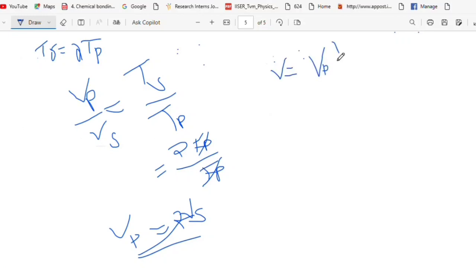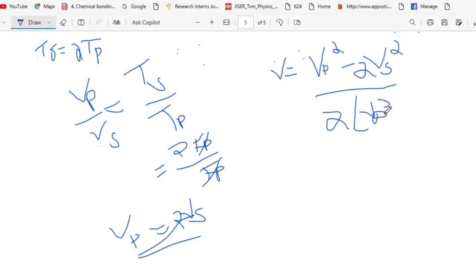Then the Poisson's ratio in terms of the velocity of the P wave and S wave is written as (Vp² minus 2Vs²) divided by 2(Vp² minus Vs²). This is the equation for the Poisson's ratio in terms of the velocities of the P wave and S wave.